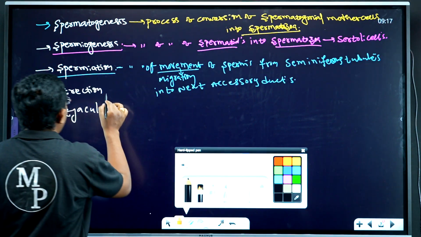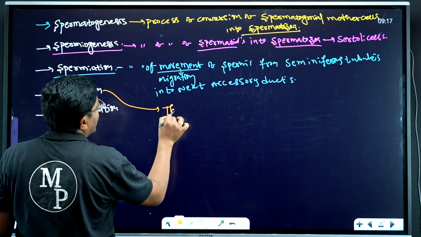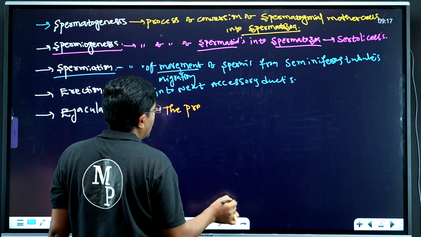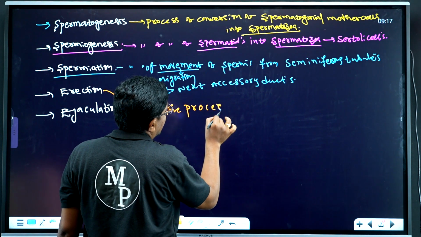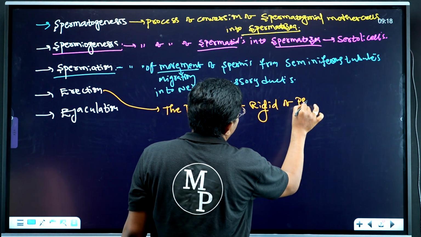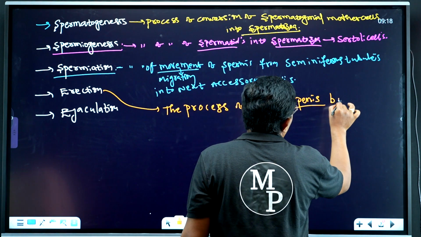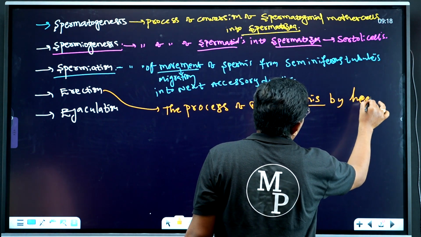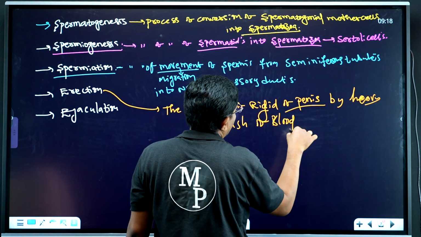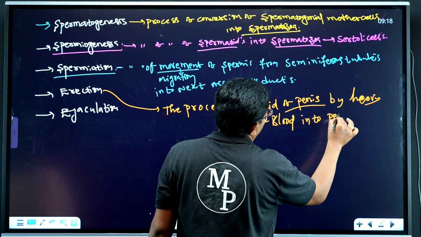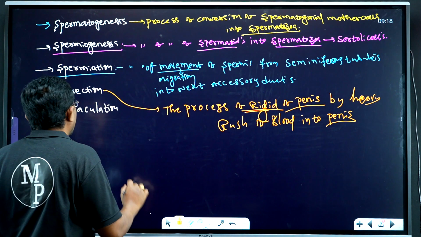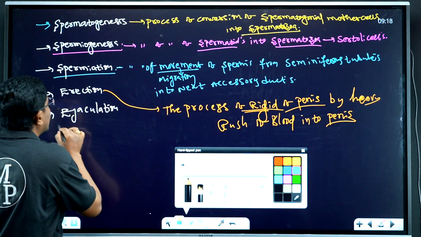Next, erection. It is the process of the penis becoming rigid by a heavy rush of blood into the penis. Next, ejaculation.